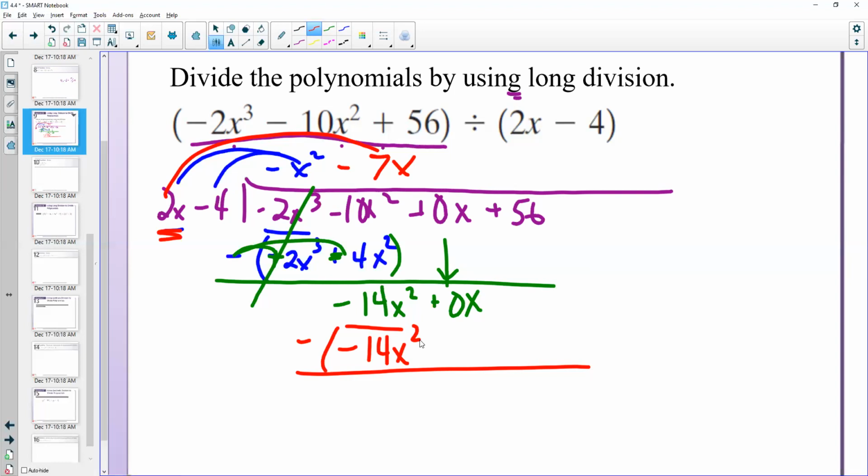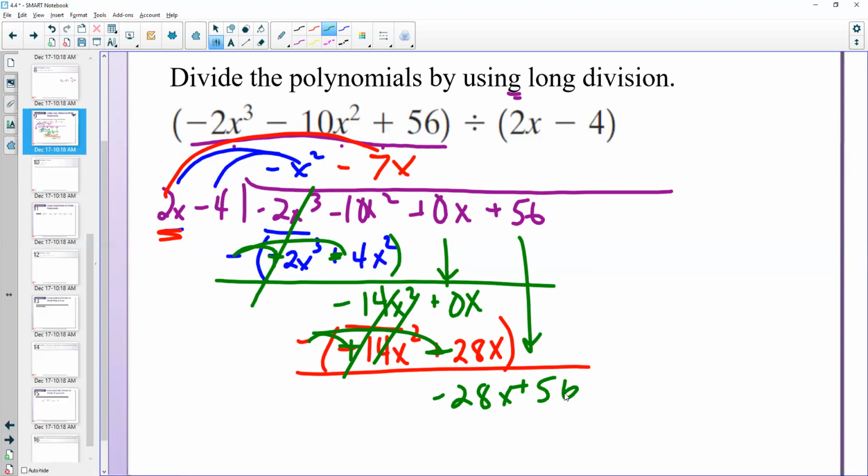Minus 7x times negative 4 is plus 28x. I'm going to swap my signs again, just like I did last time. That gets distributed, so this becomes a plus, this becomes a minus. Those guys cancel, and I get minus 28x. Bring down my 56.